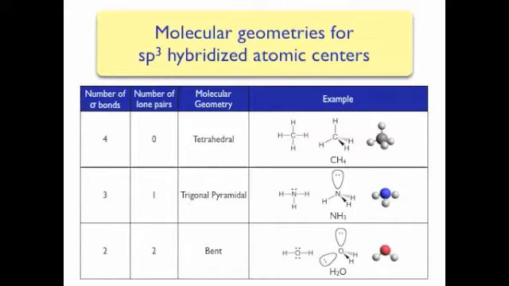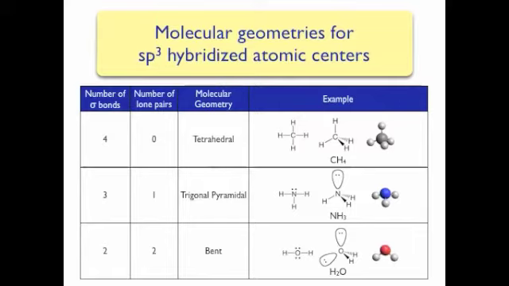Our final example in this group is atoms with 2 lone pairs and 2 sigma bonds. This gives rise to a bent geometry. This is similar to the bent geometry we see for sp2 hybridized atomic centers.